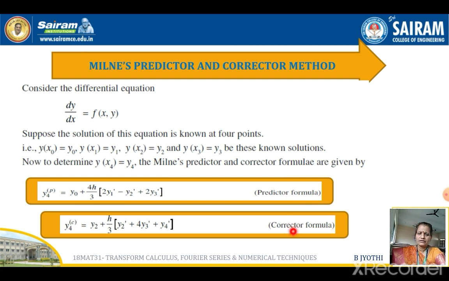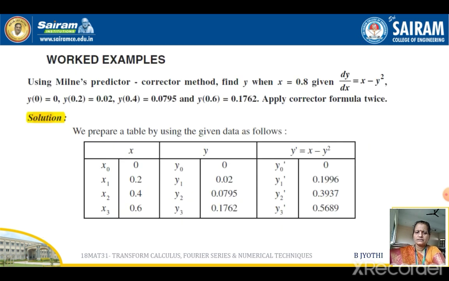Next, y1 of second iteration is given by y naught plus h by 2 into f of x naught, y naught plus f of x1, y1 of first iteration, that is obtained from the modified Euler's formula in the first iteration. This value needs to be substituted here. Rest all the formula will be the same.